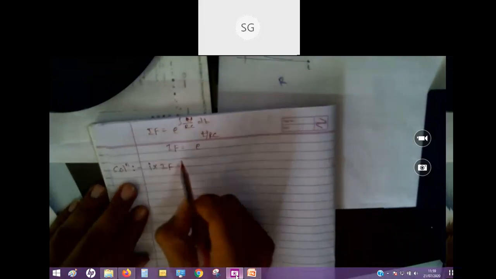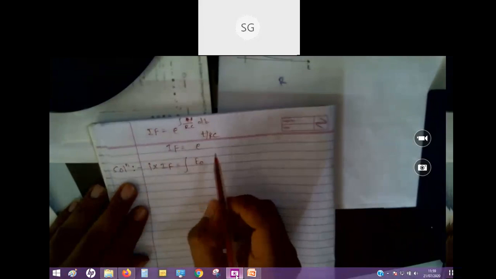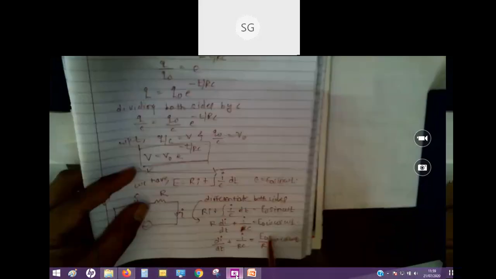The solution is i into IF equals the integration of Q into IF. Here Q is E naught omega upon R times cos omega t. E naught omega upon R is the constant and cos omega t is the variable, that's why we will put E naught omega divided by R outside the integration sign, and only cos omega t will be inside.